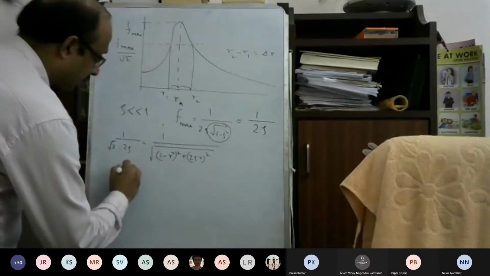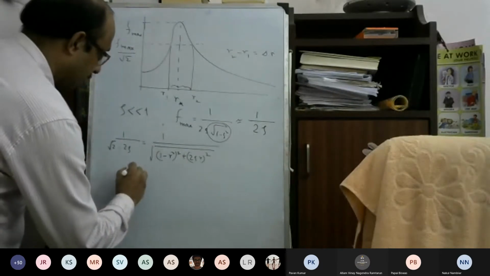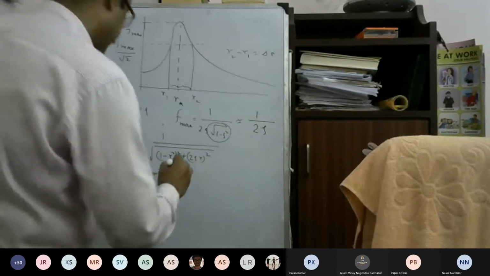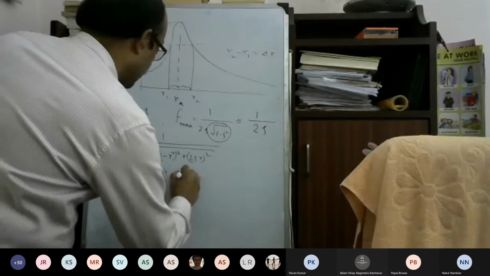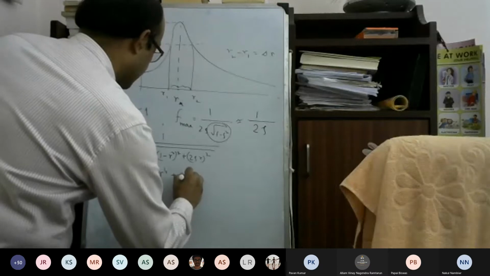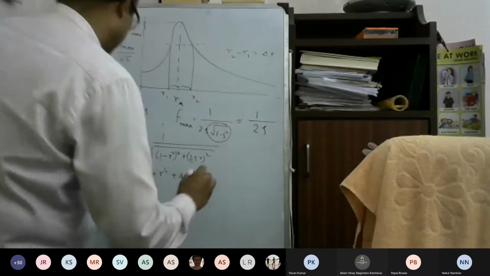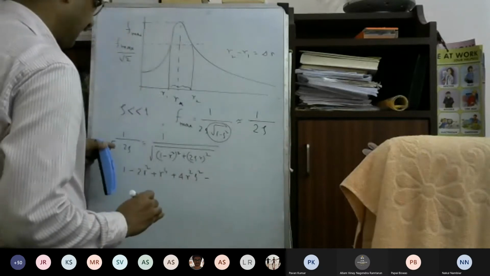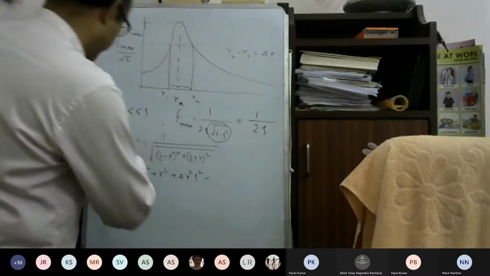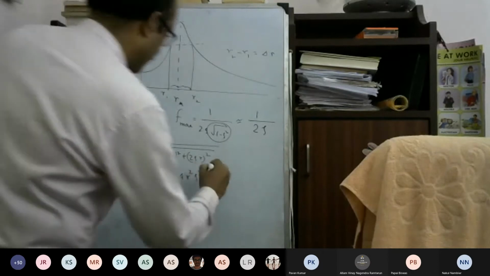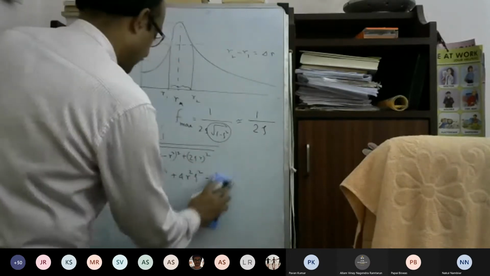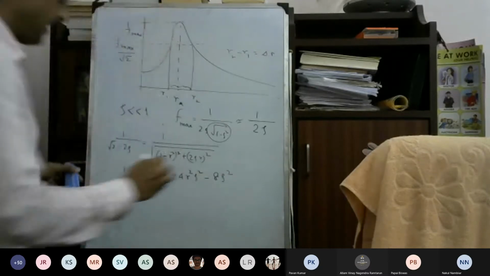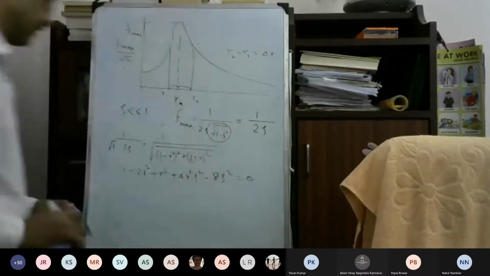So this will become 1 minus 2r square plus r to the power 4 plus 4r square zeta square minus 4r square zeta square minus 8 zeta square, equal to 0.